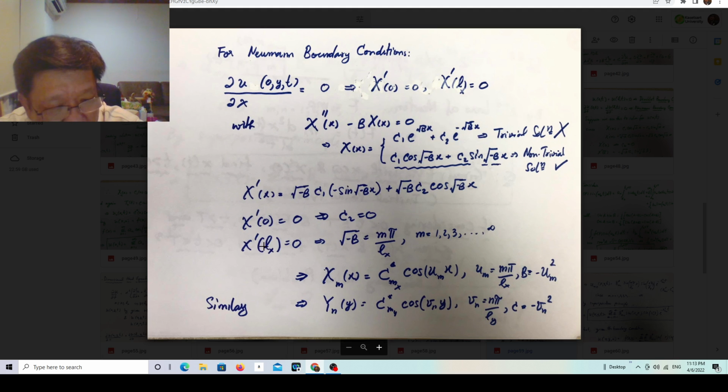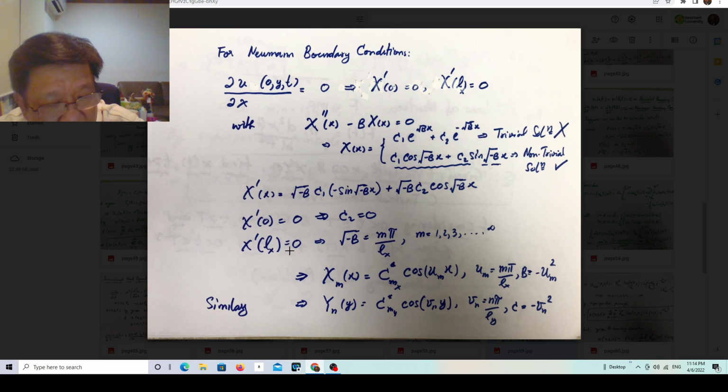And also with the boundary condition at L sub x, you end up having square root of minus b must be equal to m times pi divided by L, because the square root of minus b will be multiplied by x to become the cos angle over here.